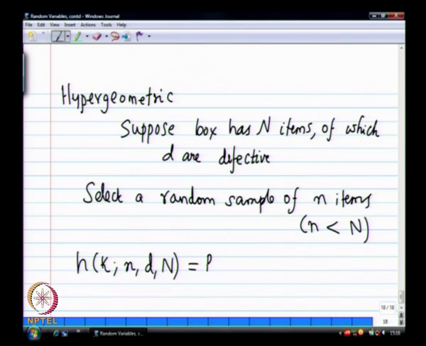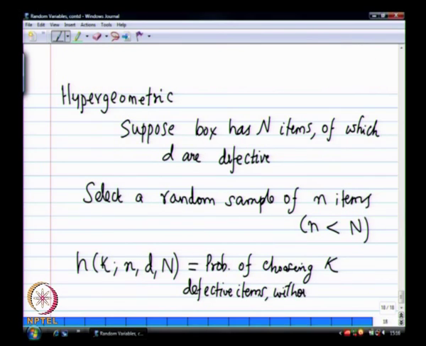So this is the probability of choosing without replacement.